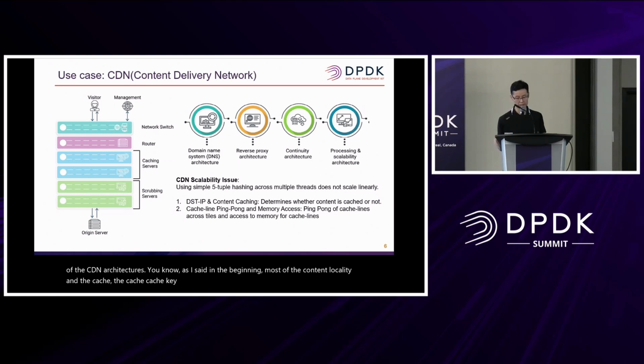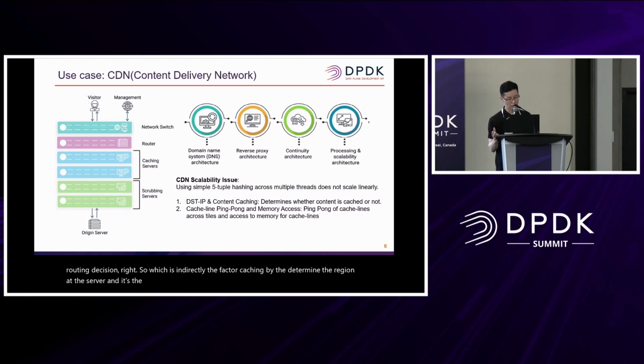Many CDNs use the destination IP as part of the cache key, right? Also, based on the routing table, they make the routing decision, which indirectly affects caching by determining which edge server handles the packet.